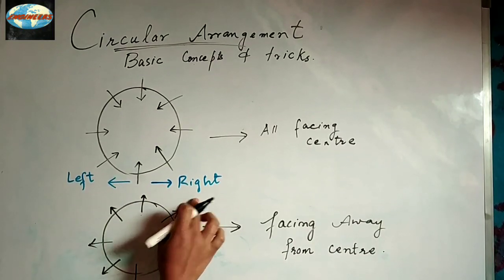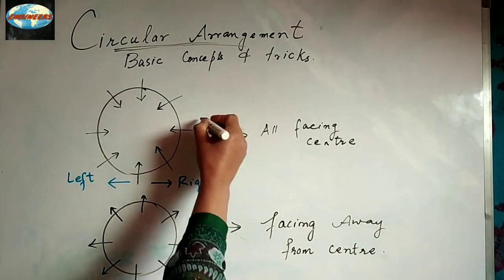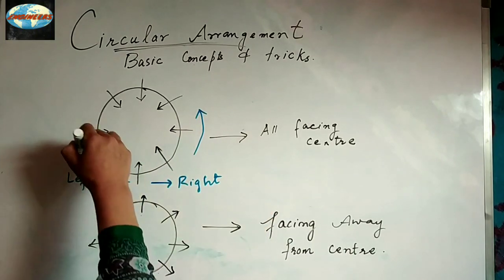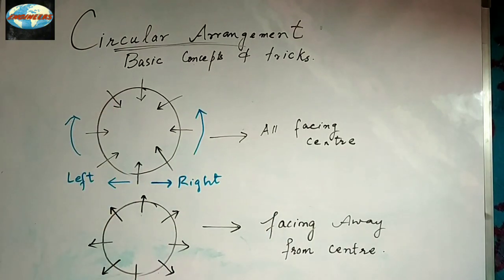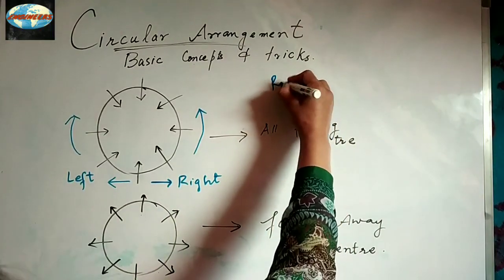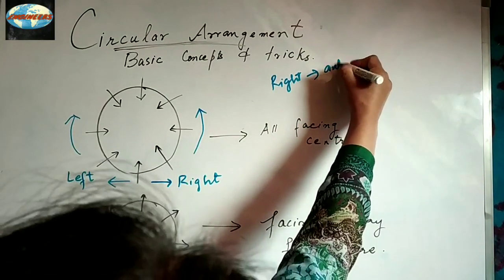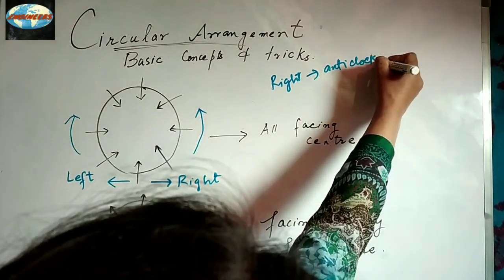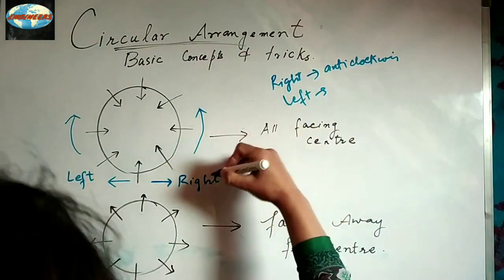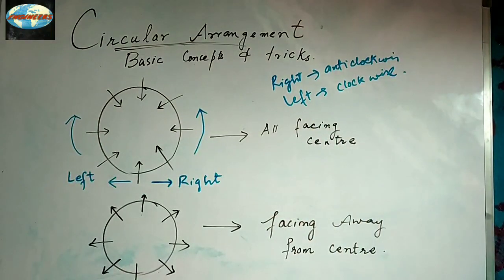In this arrangement, it's clear that this right is the anti-clockwise direction and this left is the clockwise direction. So always remember that whenever we have a center facing condition, we have to take right as the anti-clockwise direction, and left as the clockwise direction. Okay friends?